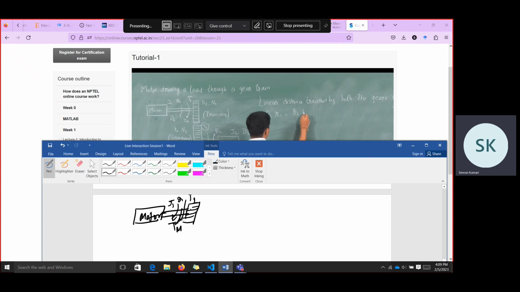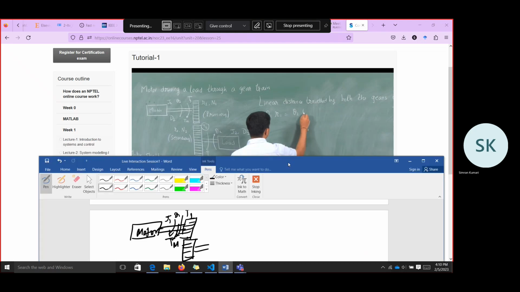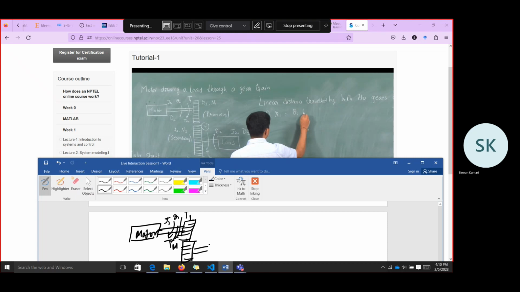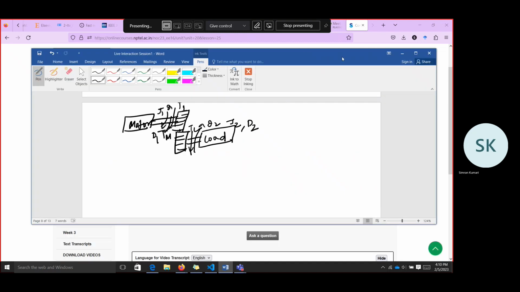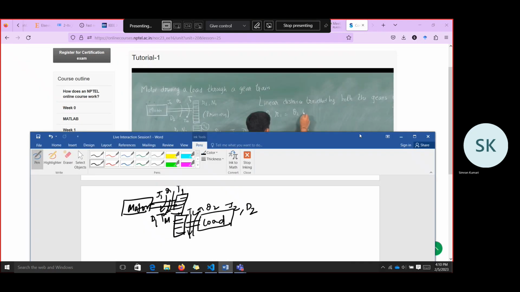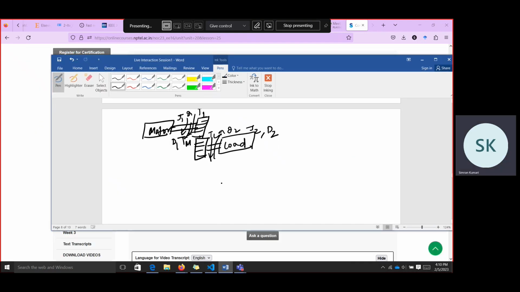Motor torque Tm. We have to find the diameter.